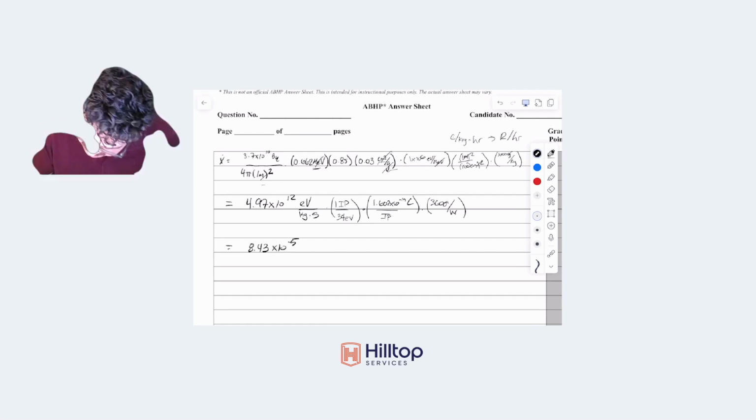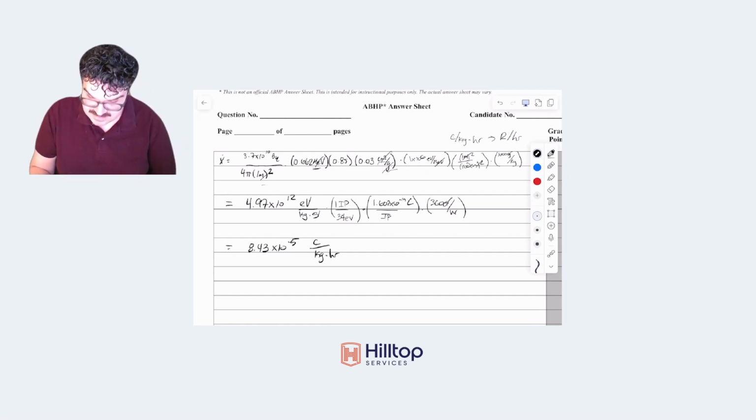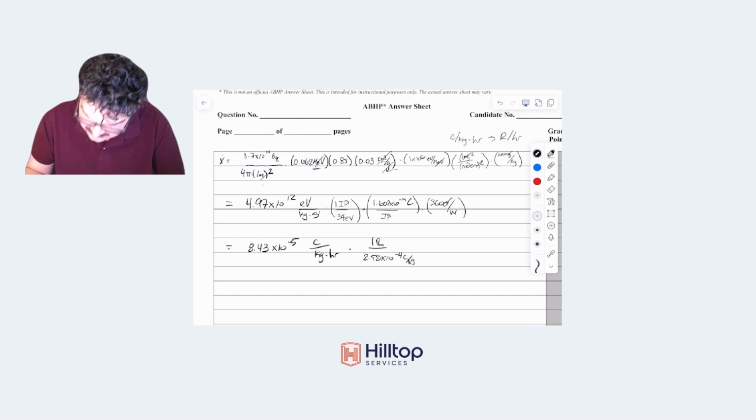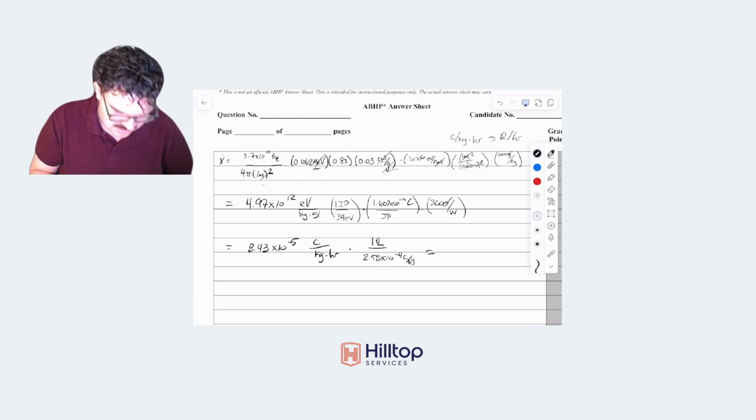Units are looking much better, our seconds cancel, and we're now in coulombs per kilogram hours. All right, this is the last step. We need to remember that 1 roentgen is equal to 2.58 times 10 to the minus 4 coulombs per kilogram. Okay, so this last calculation should give us our R per hour.